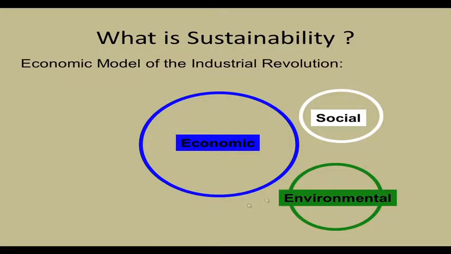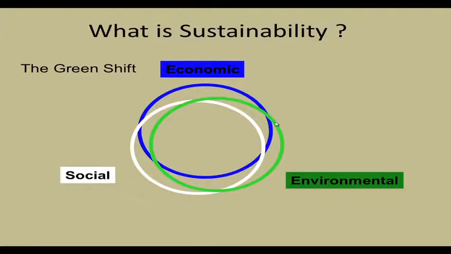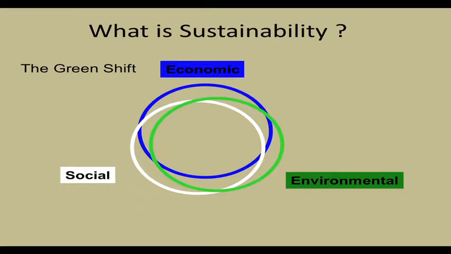they can be in isolation right now. But if we can bring them together, if we can have a green shift where social, economic, and environmental can move together and come up with a solution where these three conditions are met, that's our sustainable system, where whatever we want to achieve from the economic, social, and environmental angles meet at one particular point, and that becomes our sustainable solution.